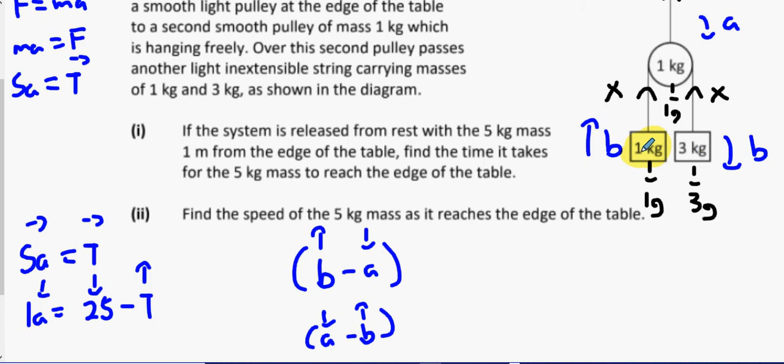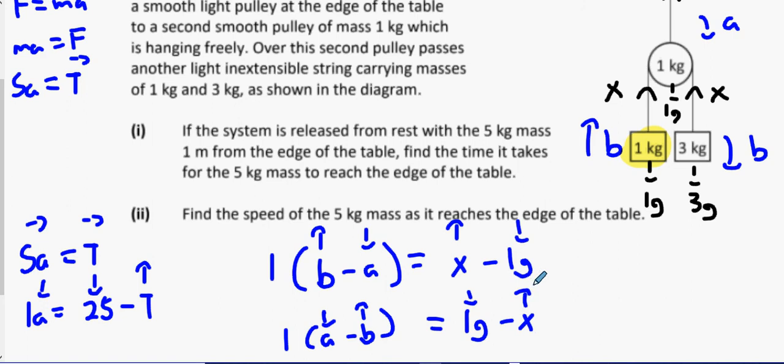It's 1 kilogram. Now, in the case where up beats down, you're talking that X, which is the tension going upwards, beats the 1g going downwards, and in the other interpretation, you would have the 1g going down beating the X going upwards. One of them is essentially the -1 version of the other one, so it doesn't matter which one you choose. They're both the same formula at the end of the day.